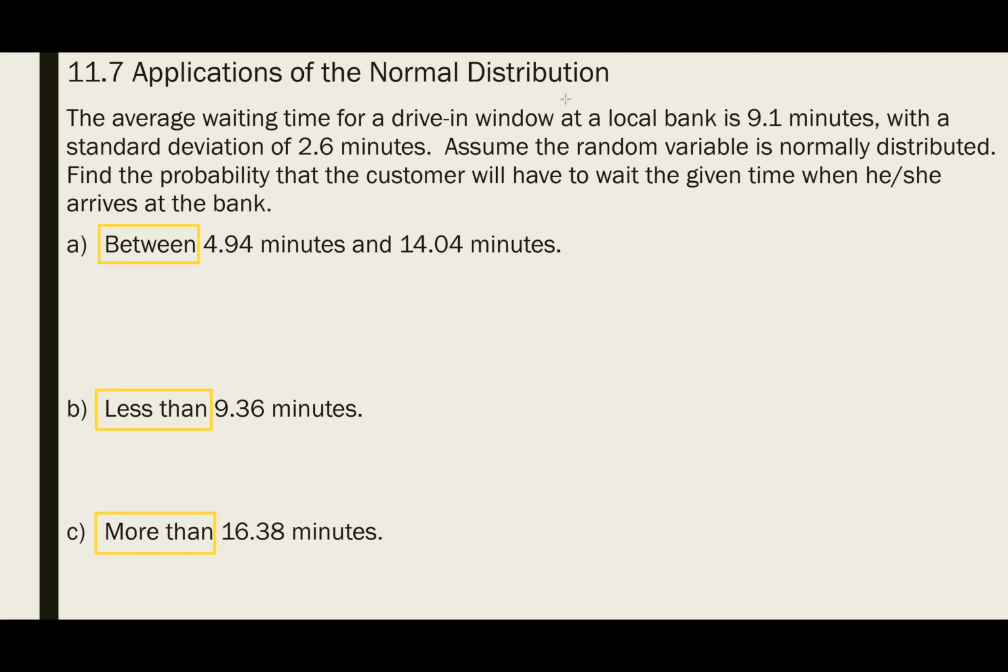The data is the average wait time. The average wait time for a drive-in window at a local bank is 9.1 minutes, with a standard deviation of 2.6 minutes. Assume that this is normally distributed. The reason they give you this is they tell you that it's a bell-shaped curve.